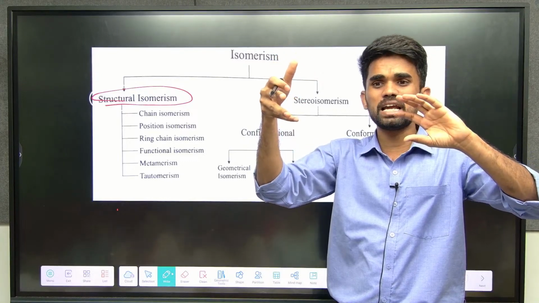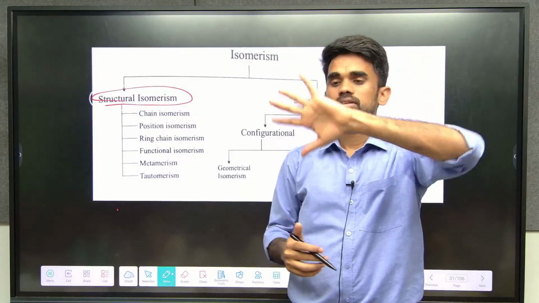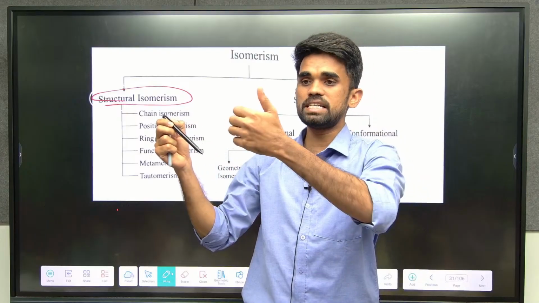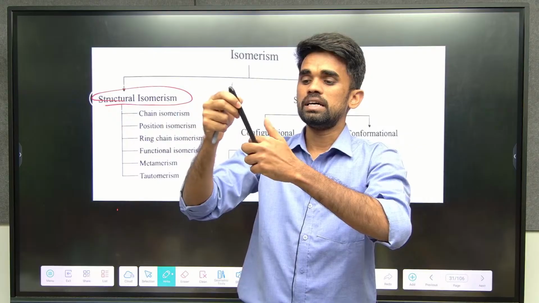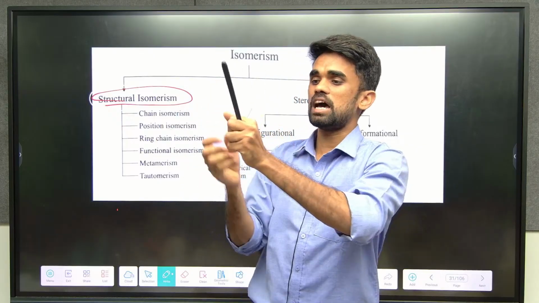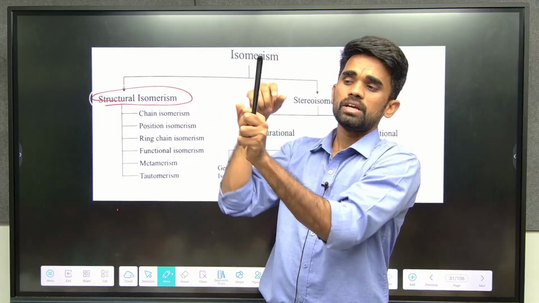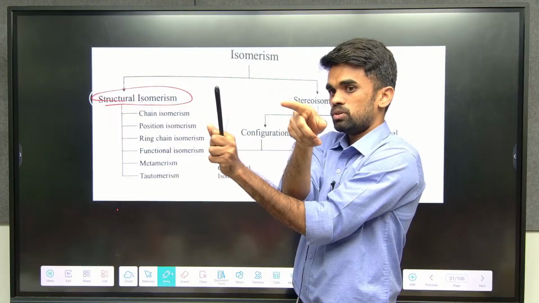What I am saying about spatial arrangement means, for example, if this is a carbon atom, how many valencies does carbon have? 4. For example, one isomer has 2 different groups here and 2 groups here. Now in one isomer's spatial arrangement, this black color pen is towards you.